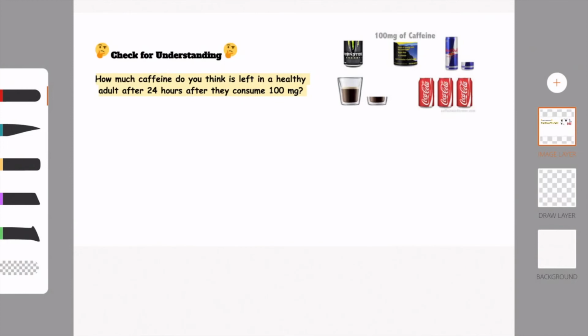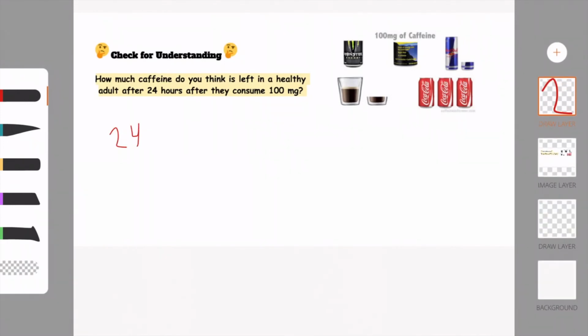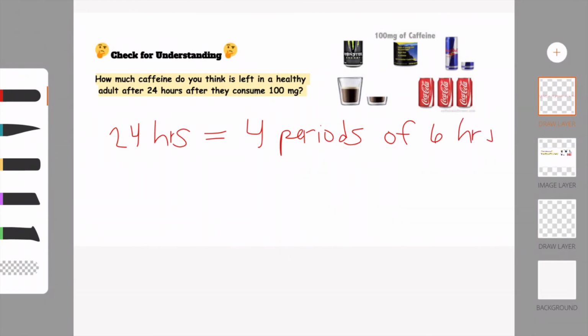Now this last question asks, how much caffeine do you think is left in a healthy adult after 24 hours? So we know 24 hours is the same thing as saying 4 periods of 6 hours. And we know 6 hours is that half-life. So we're going to plug in 4 into our half-life equation, which is 100 times 1/2 raised to the power of 4.